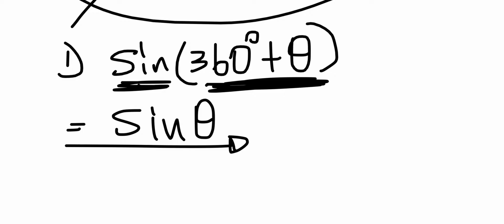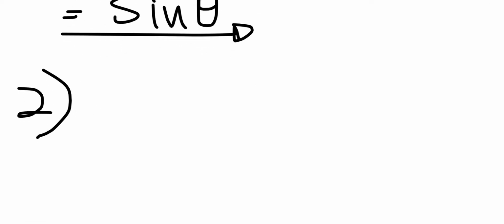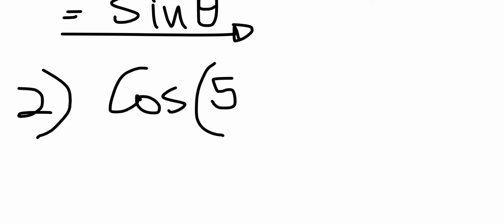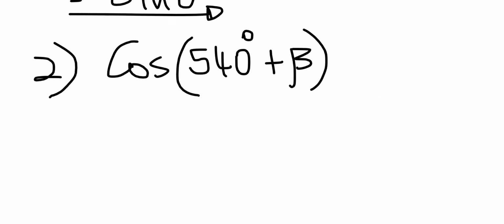Okay, so now let's look at another example. On this example, let's say we are given cos of 540 degrees plus an angle. Let's use beta in this case.